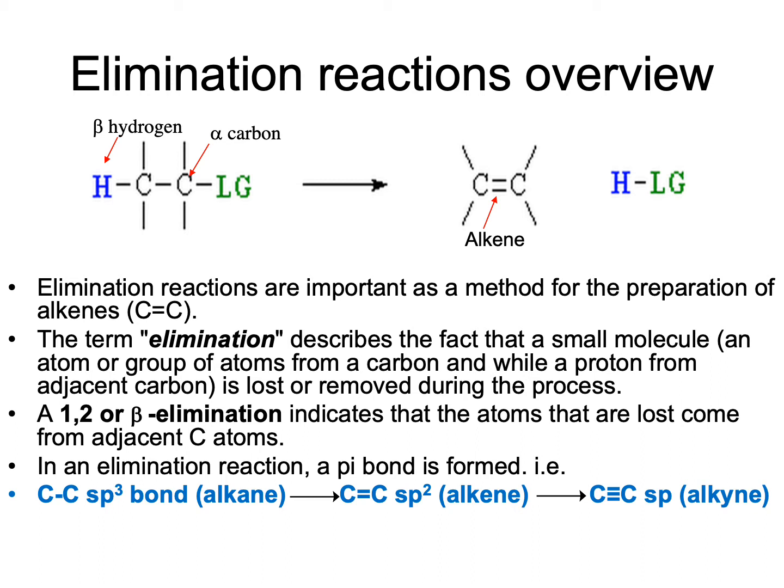To make an alkene, we need to have the alpha carbon, which is attached to a leaving group, and the beta carbon, which is attached to a beta hydrogen. For this process, we produce sp2 from sp3, which means we are going to produce alkene from alkane.